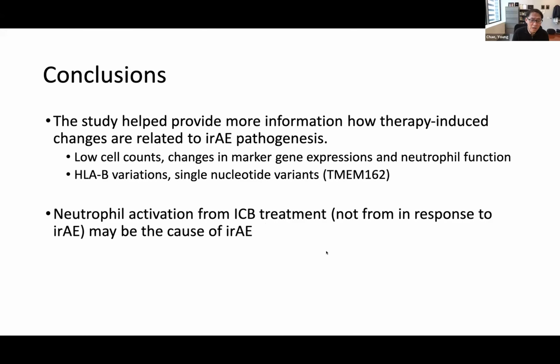So the first sentence is the new contribution, but the second one is neutrophil activation from the immunotherapy, maybe the cause.